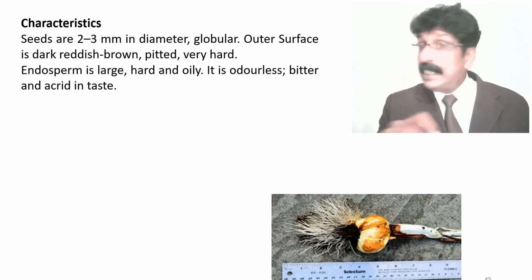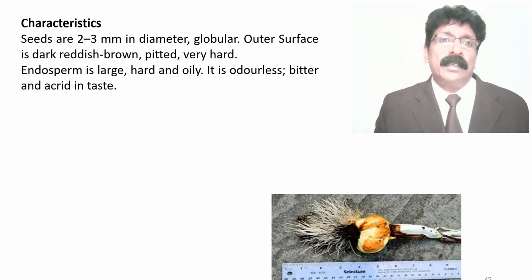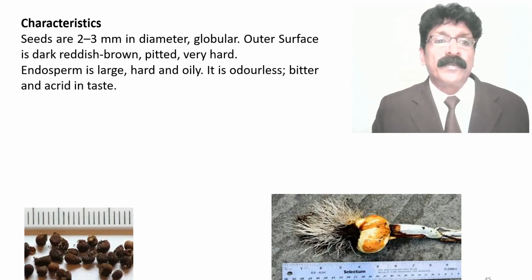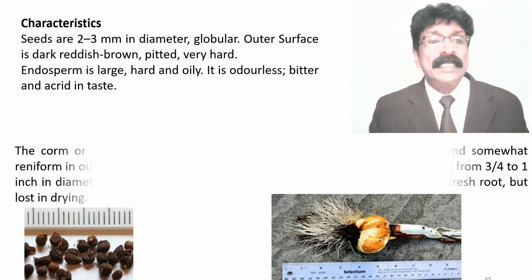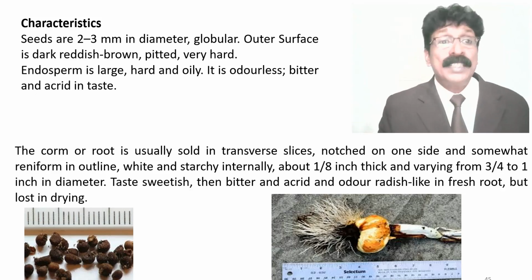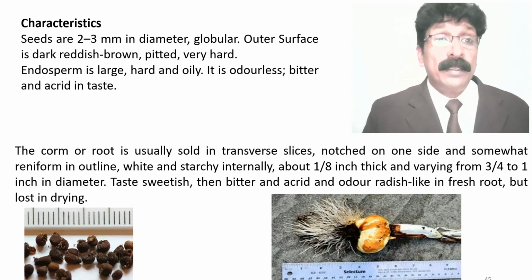See the length of the bulb as well as the hairy roots. These are the seeds, as we told, 2 to 3 millimeter, when you see the scale which is shown, the division in millimeter.